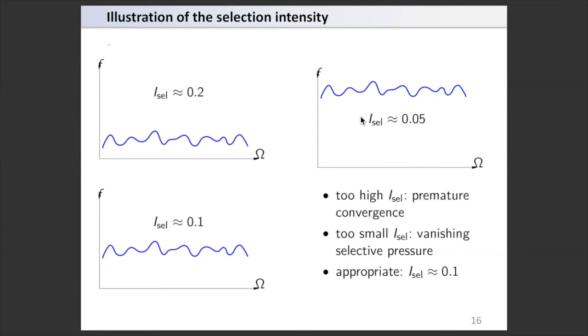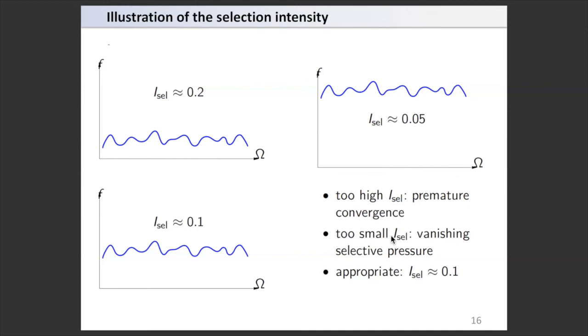For this one, the mean is higher, but the standard deviation is the same because the shape of the function is the same. Then the calculated selection intensity is much lower, around 0.05.